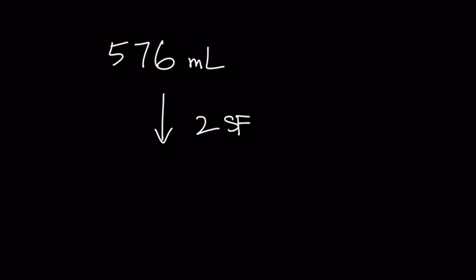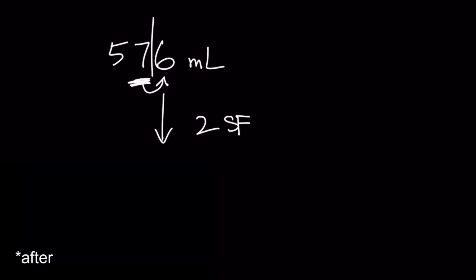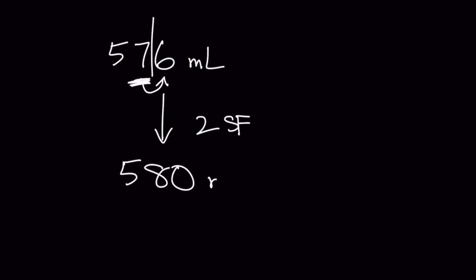Well, we would look at these first two digits, and then for this last digit, we need to know if we want to round it up or down. So we look at the digit before it. Since 6 is higher than 5, we would round the 7 up to an 8. So 576 milliliters converted into two significant figures would be 580 milliliters.